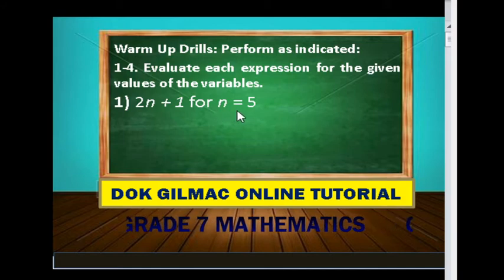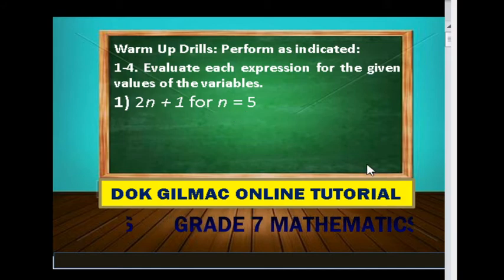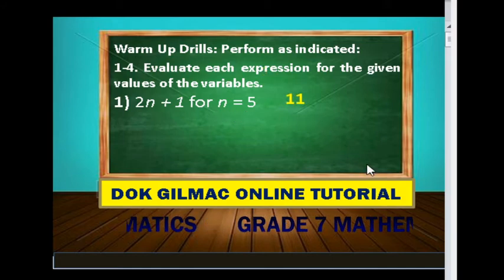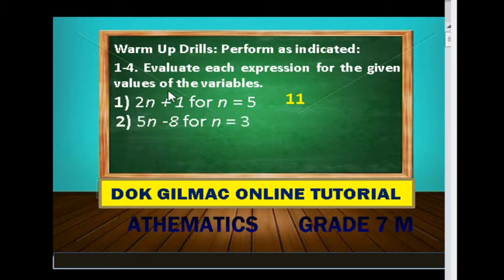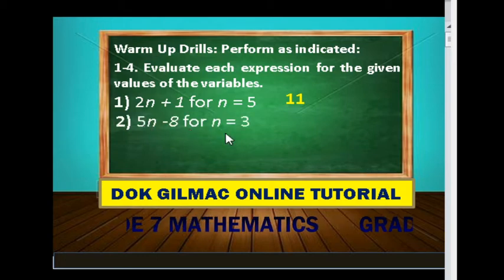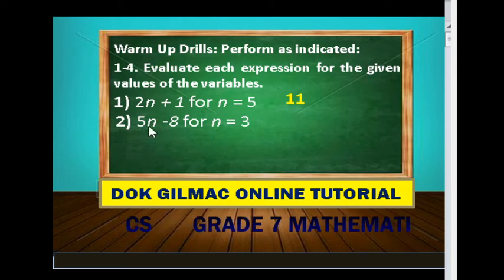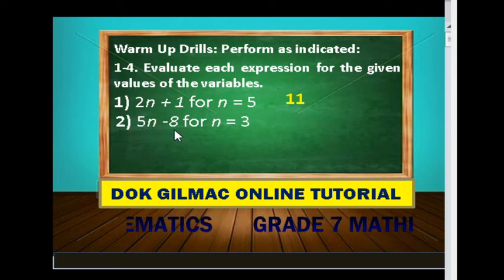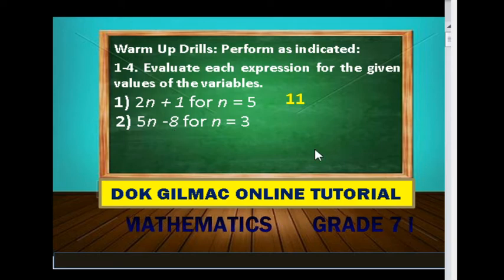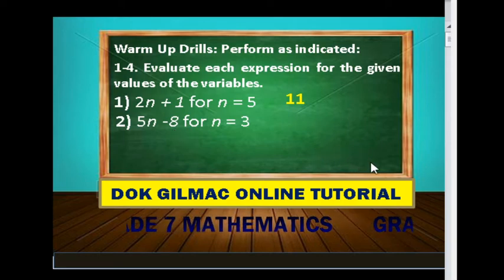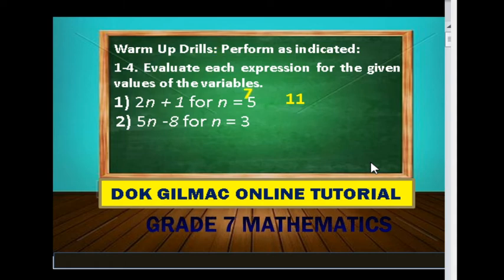Simply just substitute n by 5. So, we have 11. Number 2, 5n minus 8 for n equals 3. Again, substitute n by 3. So, we have 5 times 3 minus 8 is 15 minus 8. So, that's equal to 7.